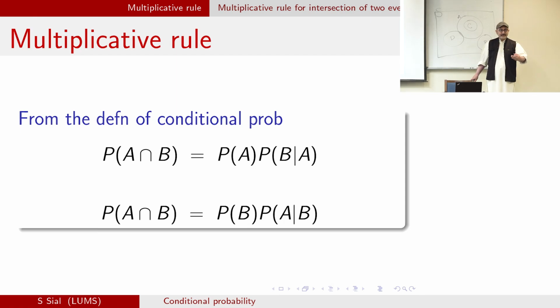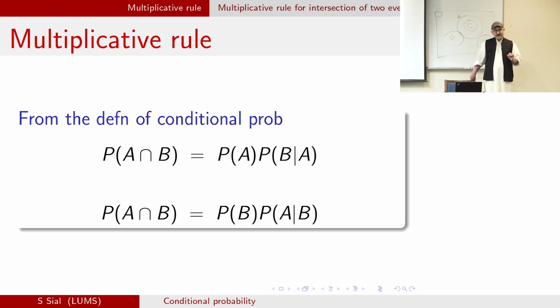I can write the probability of A intersection B is equal to the probability of A times the probability of B given A. I can also write the probability of A intersection B as the probability of B times the probability of A given B.